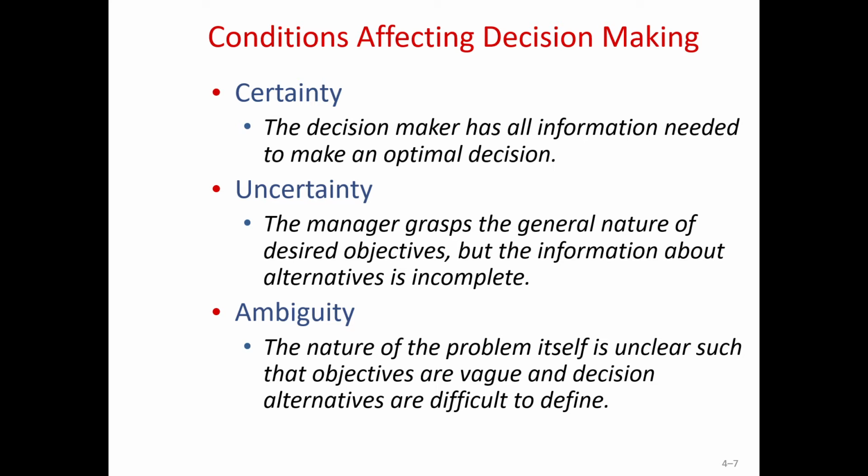Uncertainty means that the manager grasps the general nature of the desired objective, but the information about alternatives is incomplete. Predictions about forces that shape future events are educated guesses. Under conditions of uncertainty, effective managers recognize that spending additional time to gather data that clarify the nature of a decision is needed.